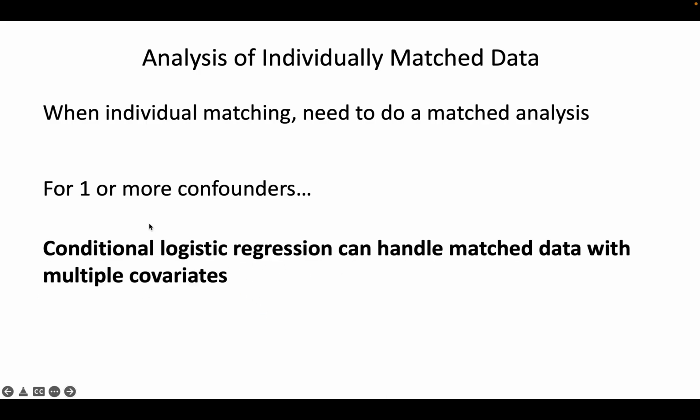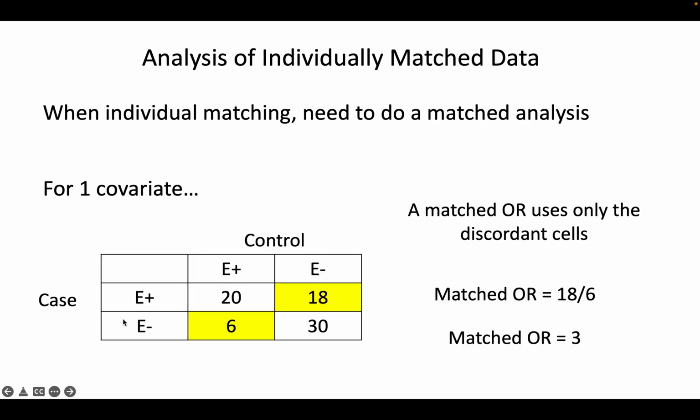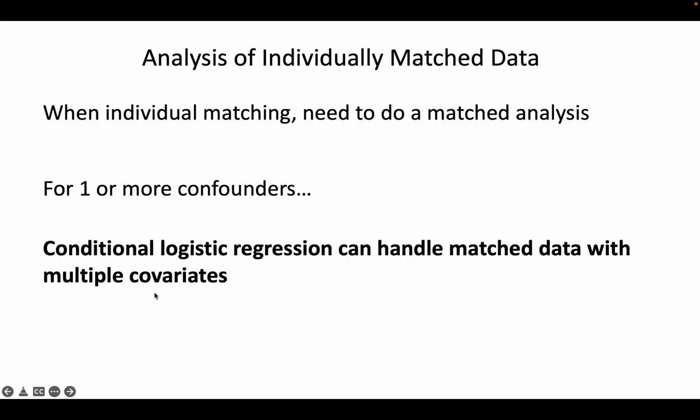And yeah, this is a situation where you don't have confounders, you're just interested in an exposure and an outcome. But as soon as you have covariates you also want to control for, you should be doing conditional logistic regression, because that lets you account for the matched data.